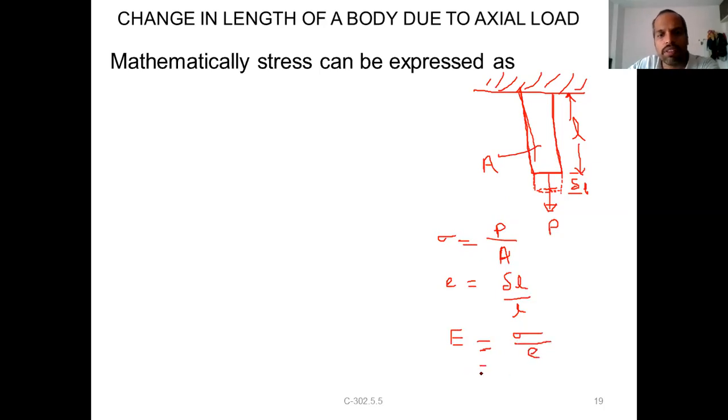So if we substitute the stress and strain formulas here, what happens?